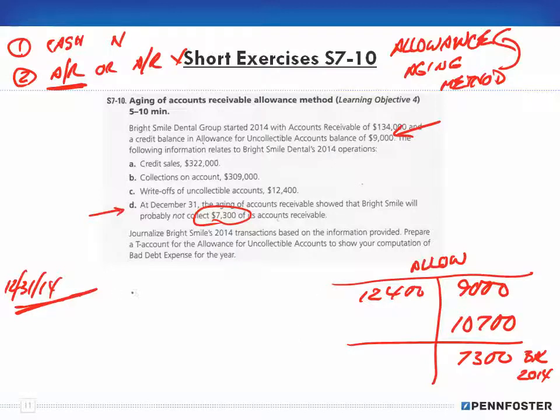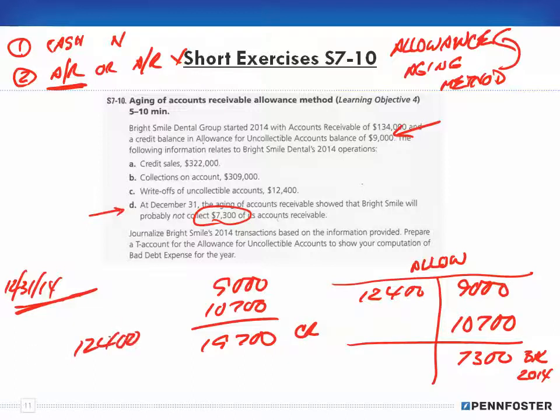Let's do the math here. If I have 9,000 plus 10,700, that's 19,700. This is a credit now, right? And if I have 12,400 as a debit, then the difference between the two is a credit of 7,300.